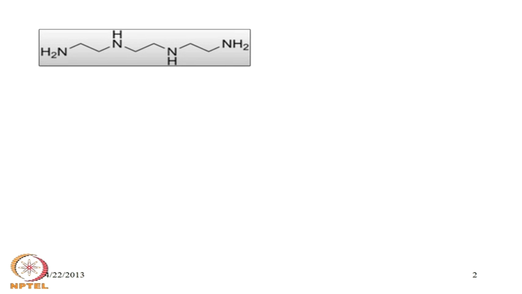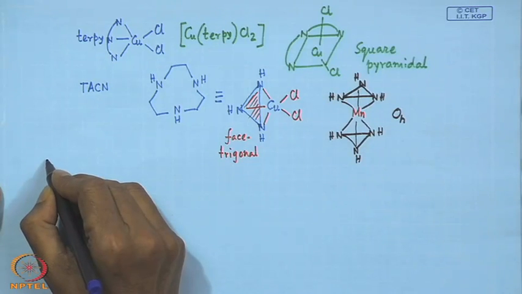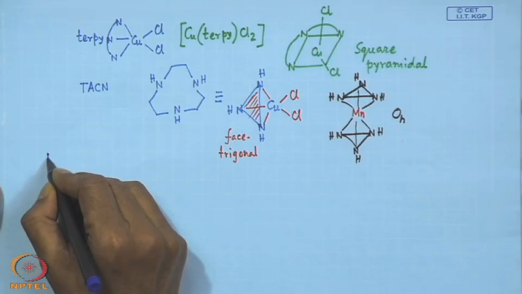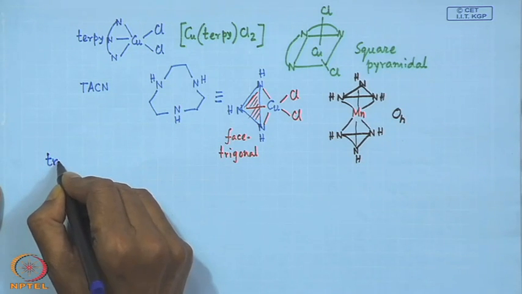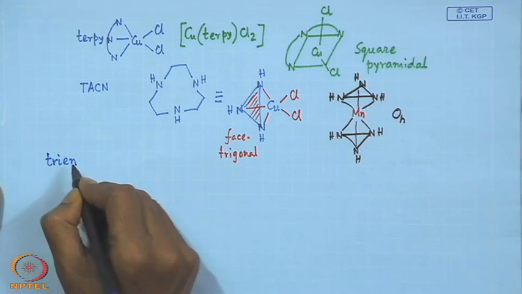So, if we proceed further, we can have another long linear chain ligand, that is diethylene triamine, which is known as triene.